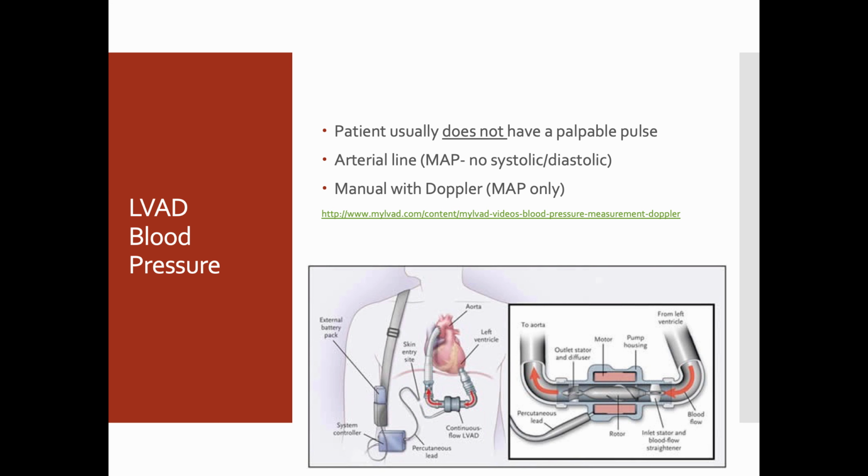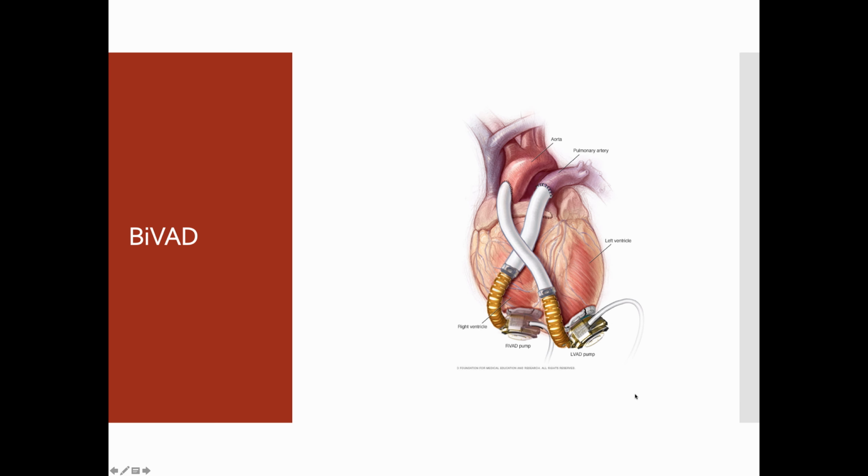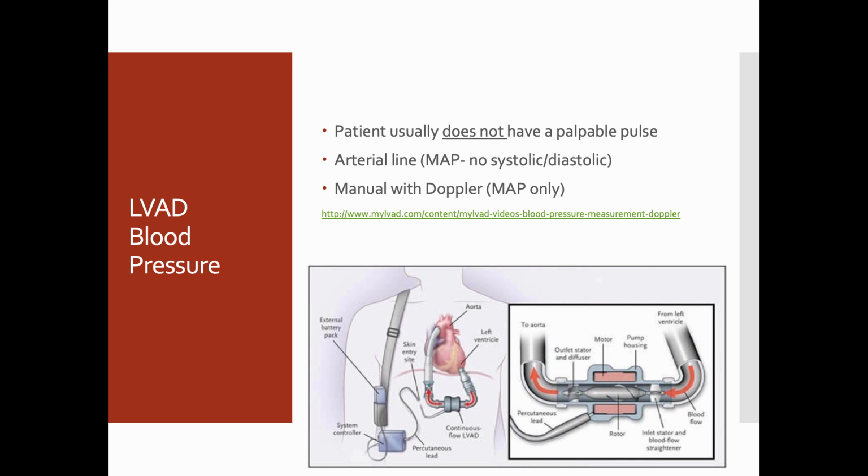The interesting thing about LVADs is that these patients don't have a palpable blood pressure, right? They don't have a pulse because they don't have pulsatile flow. It's just constant flow from this little impeller or propeller in here that's propelling the blood through the system and out into the aorta.